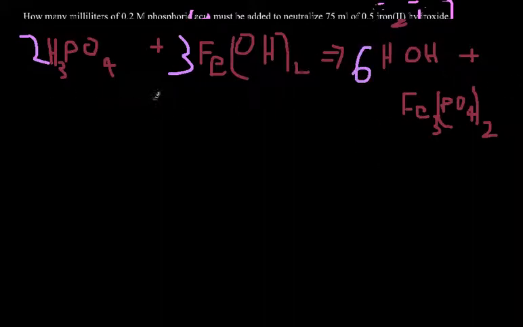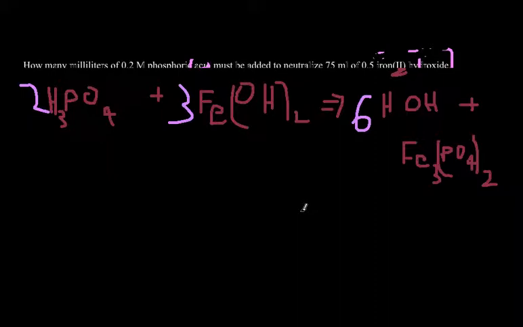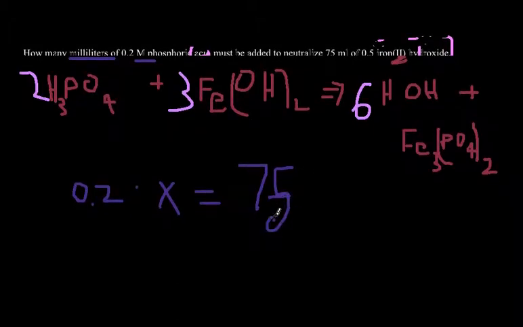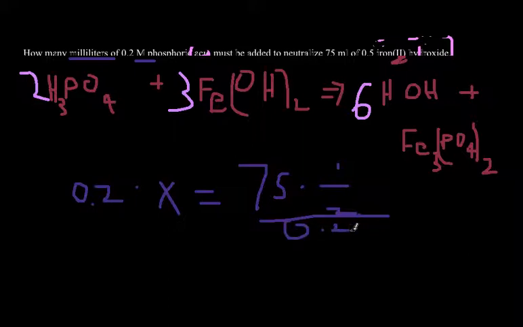Yeah, that's all good. So now let's apply our equation VaMa, which is up here. It says 0.2 molar times x, we don't know the milliliters, equals 75 times 0.5 times a half. Now, divide both sides by 0.2 to find x.